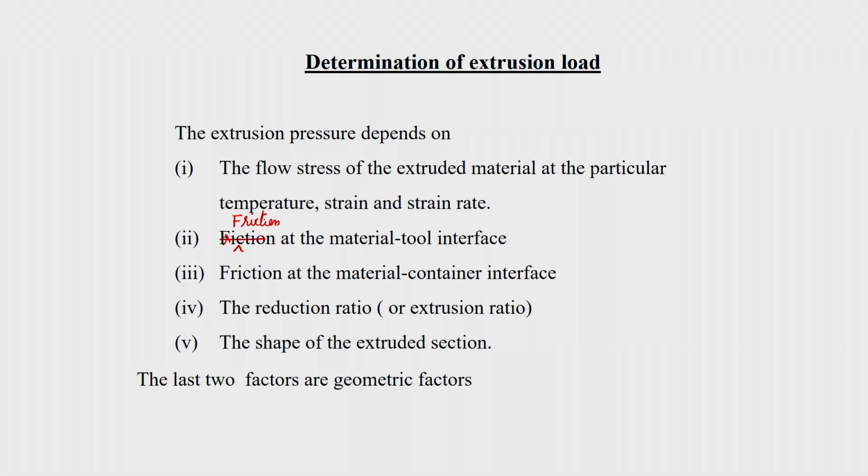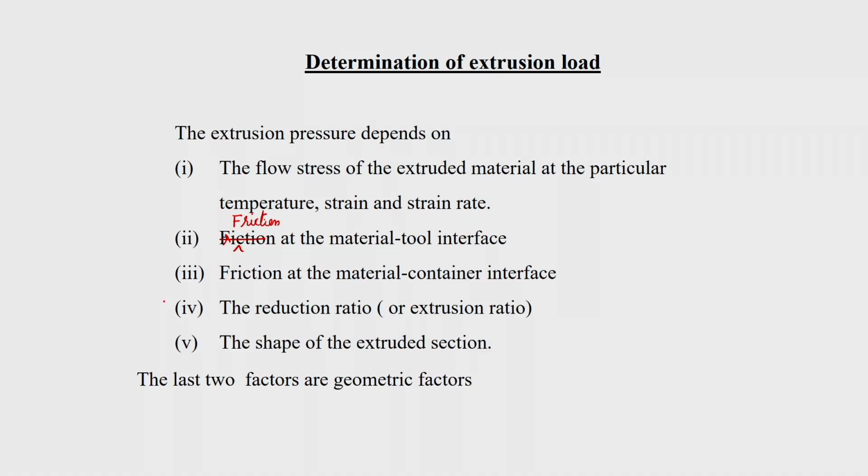Then the shape of the extruded section is very important. If it is a cylindrical to cylindrical piece, it is very simple, and the analysis also becomes easy. Cylindrical to square is also a problem, but in most cases, especially non-ferrous materials like aluminum and magnesium, they want some specific, very complicated cross sectional shape. As the level of complexity increases, the extrusion pressure also increases.